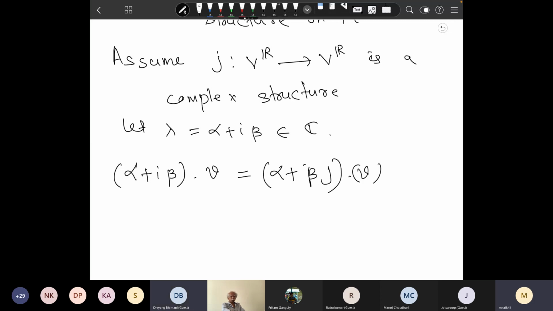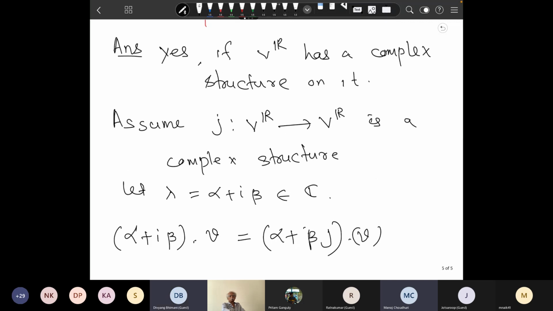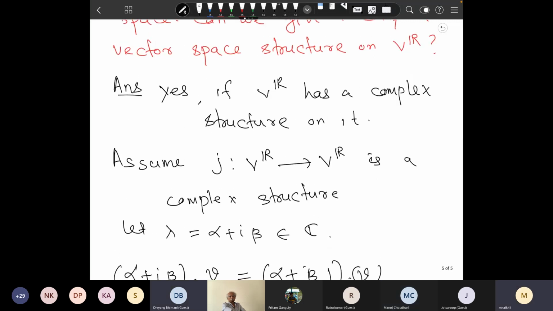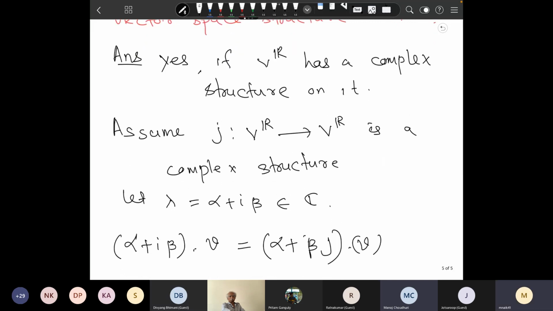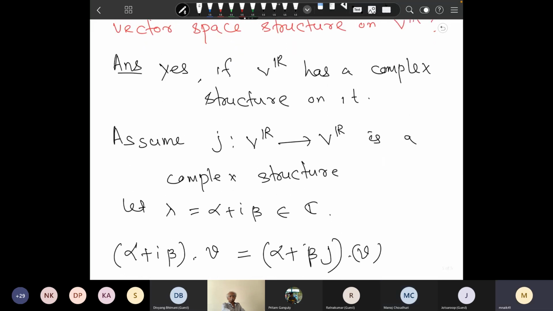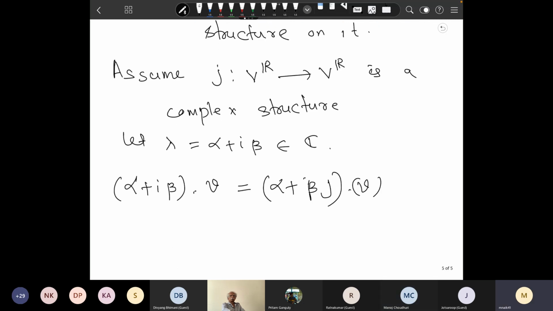Remember V_R has a real vector space structure, but to make it a complex vector space, you have to give some complex structure, right? I am saying that suppose J from here to here is a complex structure, then I can give a complex vector space structure on it.